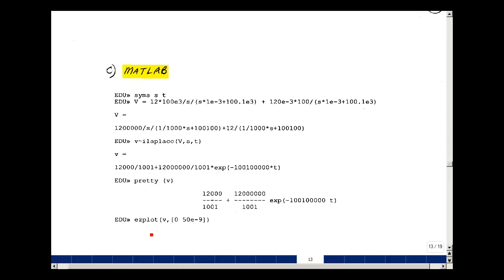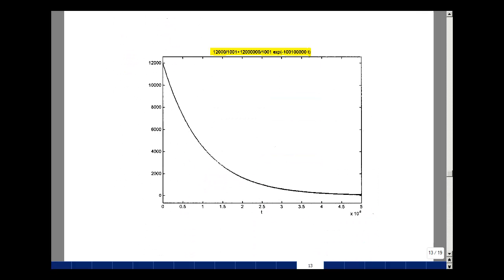Let's use the EasyPlot command to sketch our results. We'll plot V from 0 to 50 nanoseconds. And here's the resulting graph. And you can see, just like our PSpice simulation, we go from 0 volts to 12,000 volts as we cross 0. And eventually, at about 5 time constants, which would be about 50 nanoseconds, we've decayed to almost 0.